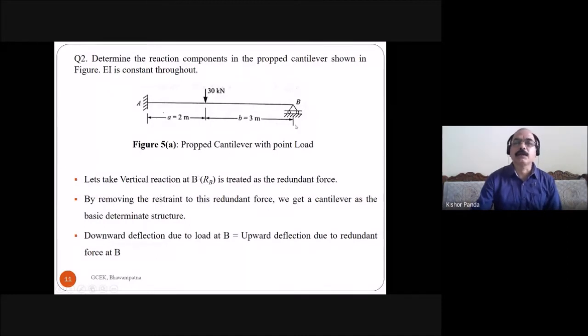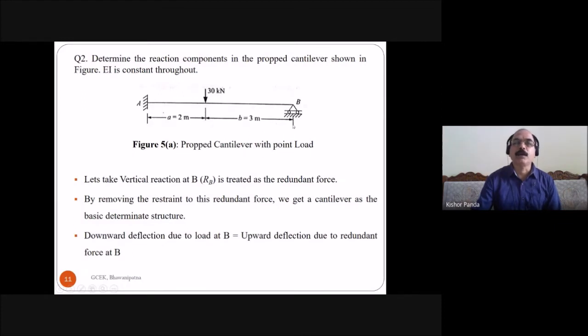Here also, this is the redundant force. Let's take the vertical reaction at B as the redundant force. By removing the restraint of this redundant force, we get the cantilever as the basic determinate structure. The propped cantilever is an indeterminate structure, but after removing the redundant force you get the basic determinate structure, that is the cantilever.